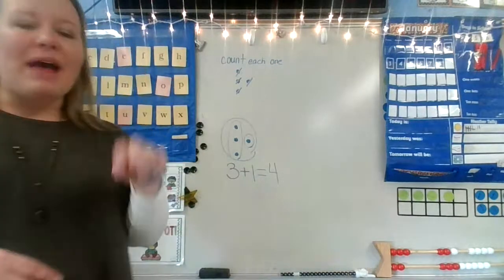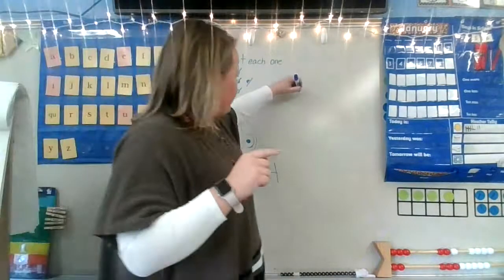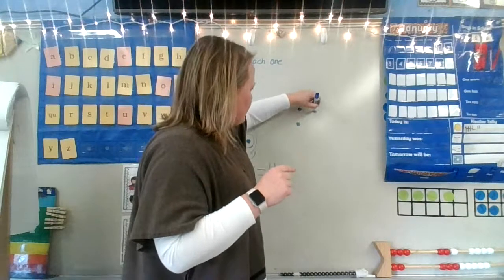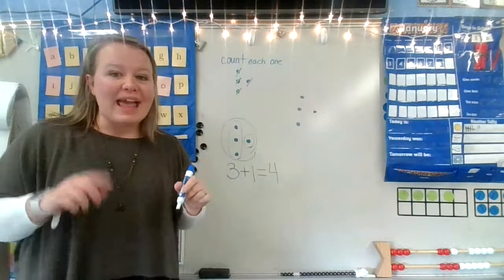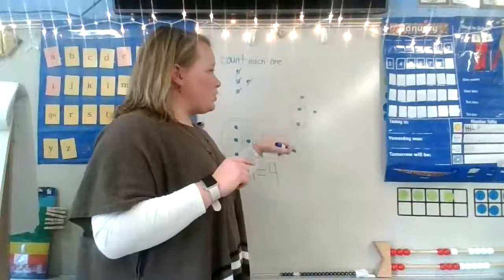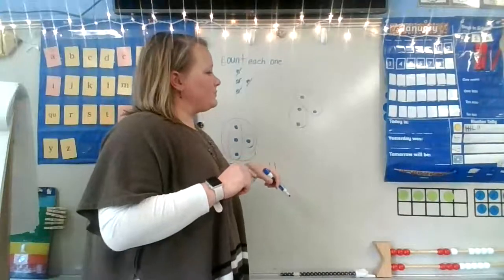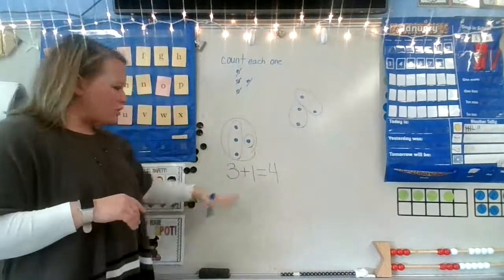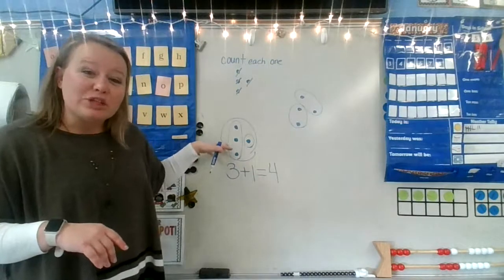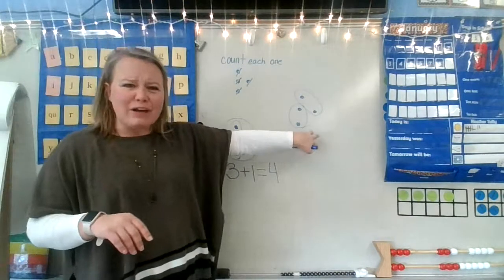Okay. I heard one more way. I'll do it real fast because I'm running out of time. I heard one more way, and that was that some of you saw 2, and then you saw 2 here. So I showed you how I would write an equation to match this strategy, this way to subitize. I want for you to help me. How would I write an equation here?